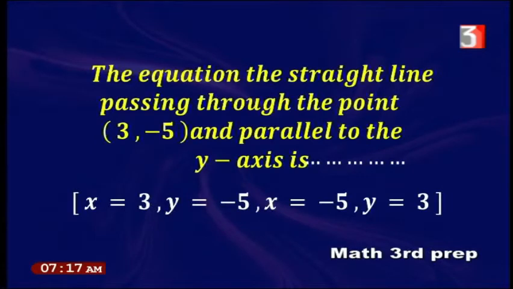So we are going to dismiss the second and the fourth choices. Then, as it is parallel to the y-axis, x equals what? This straight line passes through the point 3 and negative 5, so the value of x is 3. Then we can say here that the equation of the straight line is x equals 3.